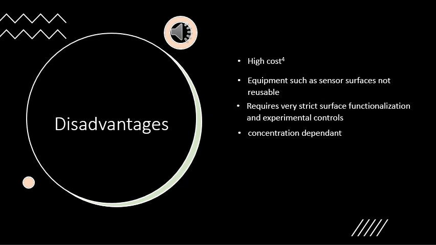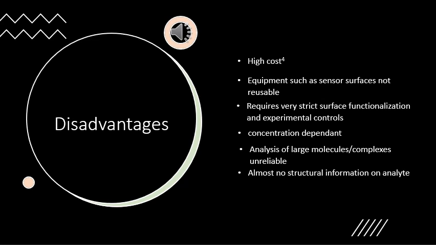These are the main disadvantages. However, other slightly less significant but still relevant disadvantages, such as the inability to analyze large complexes, getting almost no structural information on your analyte, and only being able to do one or two analyses at a time, depending on how many channels the machine has, also hold the method back.